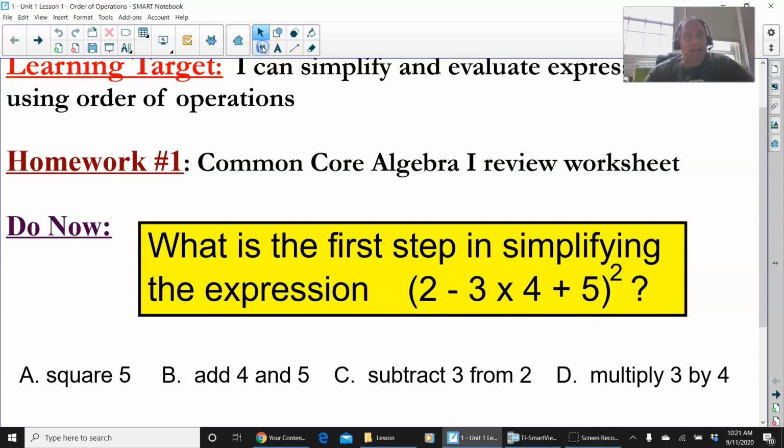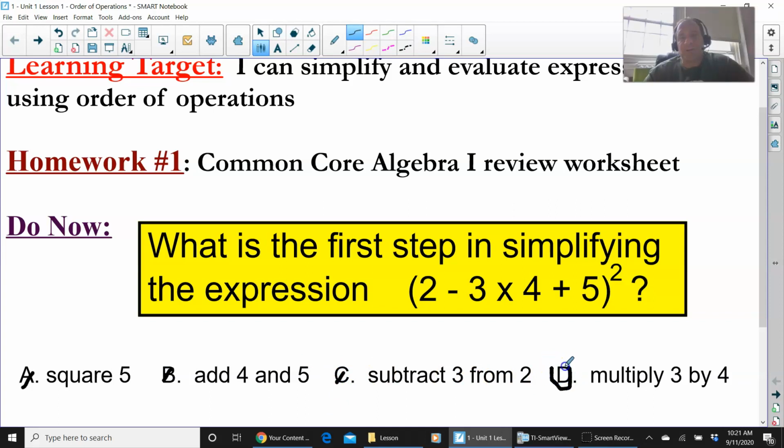So you're not going to pick squaring 5, that's out, and you're not adding 4 and 5 first inside that parentheses, and you're not subtracting the 3 from the 2, but you will multiply the 3 by 4 first.